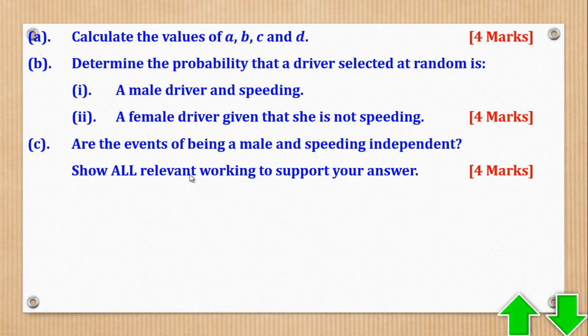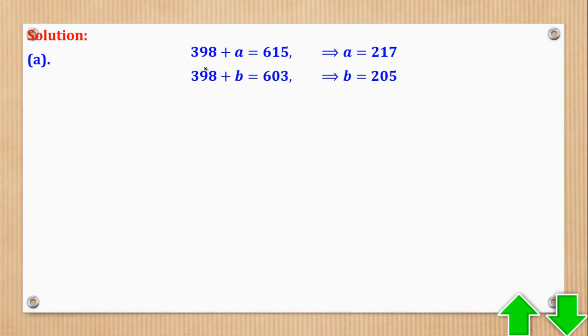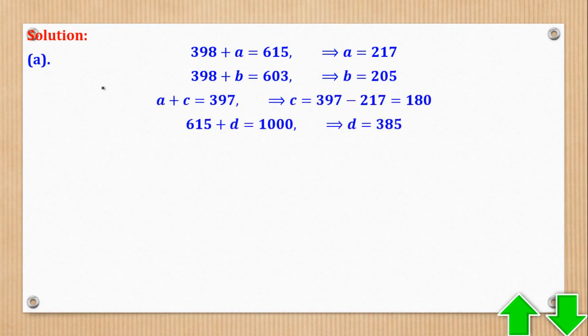So when I use that knowledge, I can get the values of A. So value of A is that, value of B is that, value of C is that, and value of D is that. That was part A. Now we can go to part B.